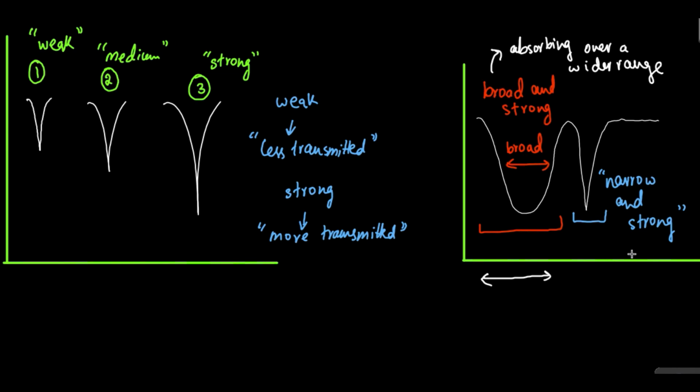What does narrow and strong mean? It means that it is absorbing over a narrow range. This can also be called sharp and strong. That is another word that can be given to this. It is sharp because it is being covered over a very narrow range of wave numbers.